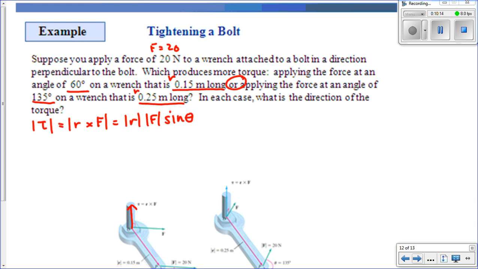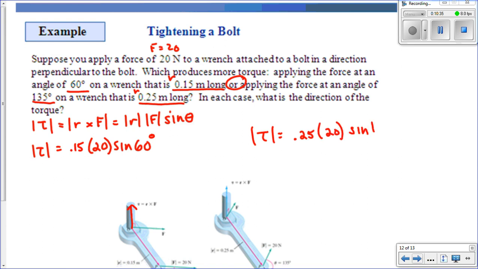So in the first case, we have that the amount of the torque will be 1.15 times 20 times sine of 60 degrees. And in the second case, we'll have 0.25 times 20 times sine of 135.